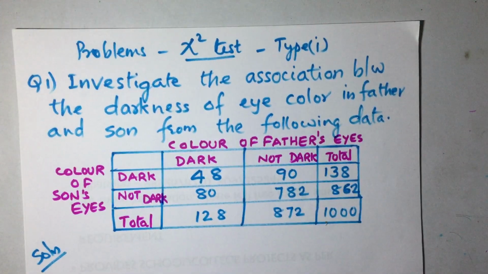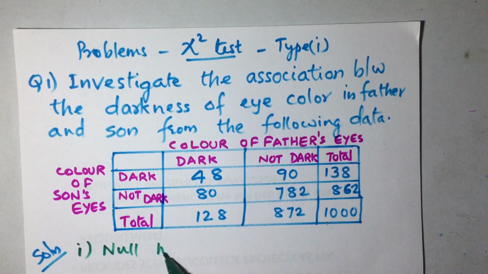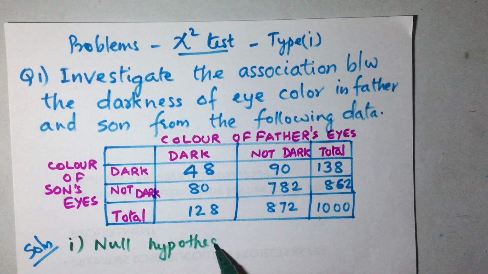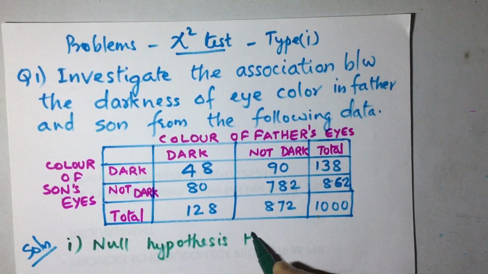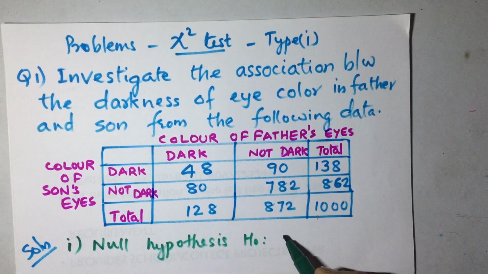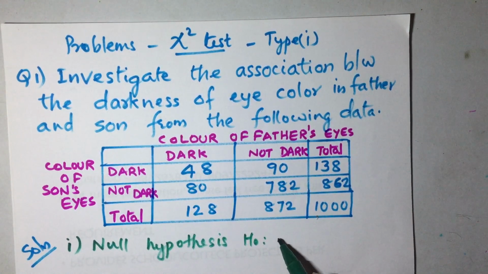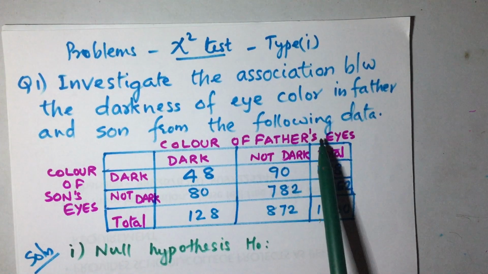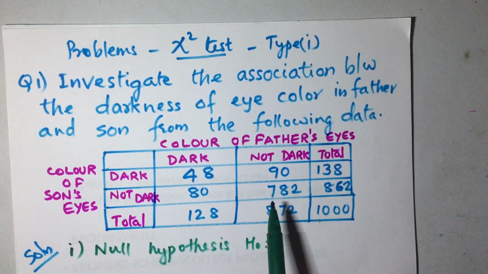So here first of all I will consider the null hypothesis. Null hypothesis H0 is, so as I already told, here we will take a negative statement. Is there any relation? So we will say there is no relation.